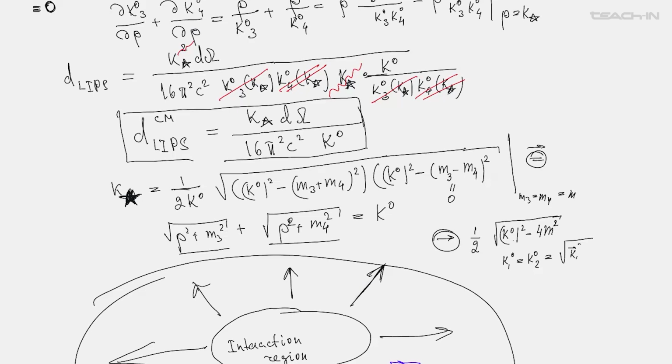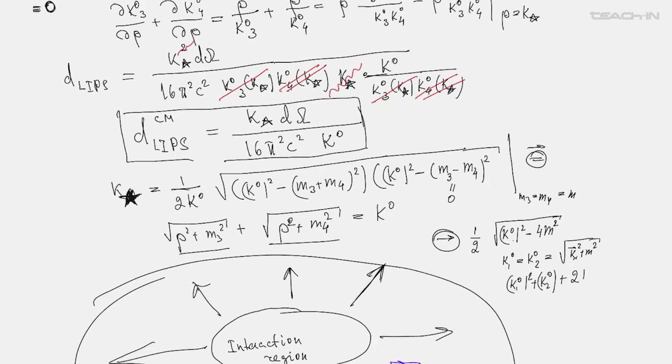If you now compute K0 squared, it is K10 squared plus K20 squared plus twice K10 K20, but they are all equal.